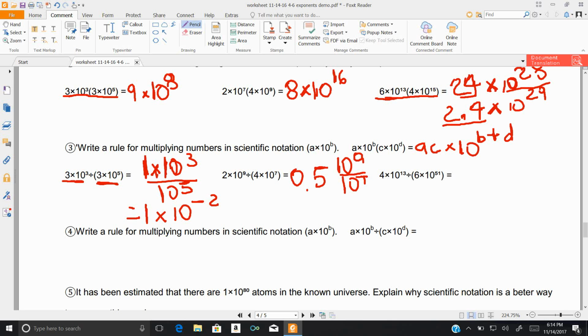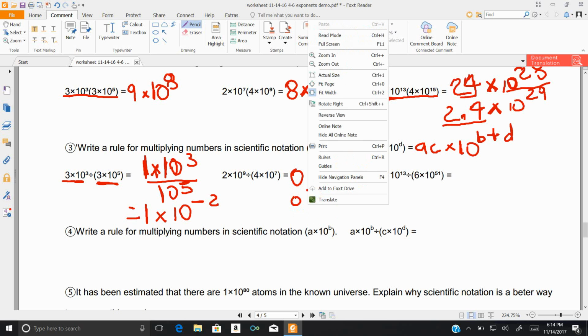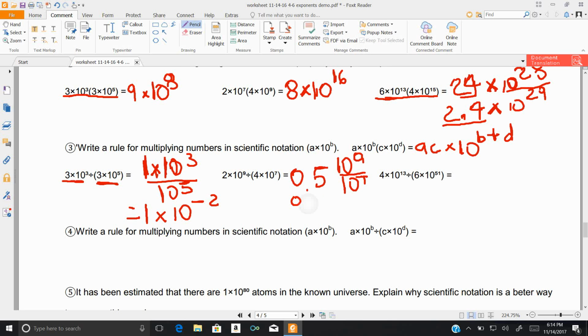So I have 0.5 times 10 to the 2nd, but I want that 0.5 to be between 1 and 10.